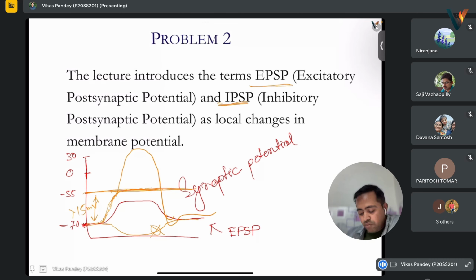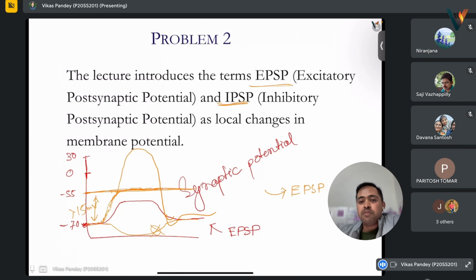Then it will actually turn into an action potential, right? This is what you are asking, Paritosh? Yes, sir. Okay, so will it then be called EPSP? No, in that case, it will be called action potential.